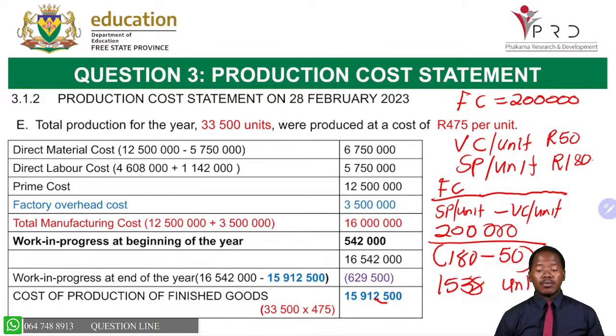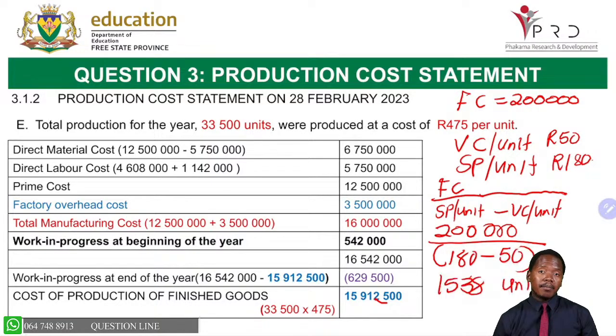Remember, why must we do break-even point? We must calculate how many units we must produce and sell to cover our production cost. And then again, we calculate break-even point to find out how many extra units we must start producing and selling in order for us to start making a profit.